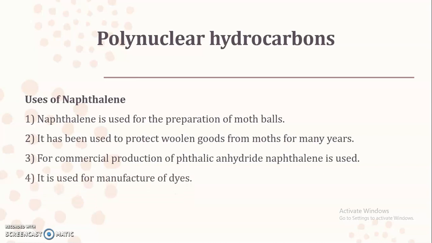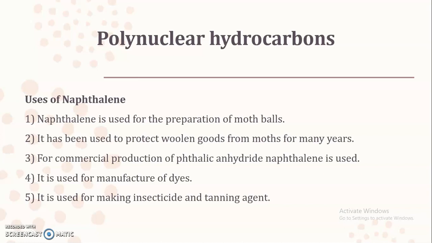Then also it is used for the manufacturing of different dyes. Dyes are nothing but coloring agents used for various purposes to carry out the coloring of fabrics and different materials. For that purpose, naphthalene is used as one of the important agents. So these are the various uses of naphthalene.